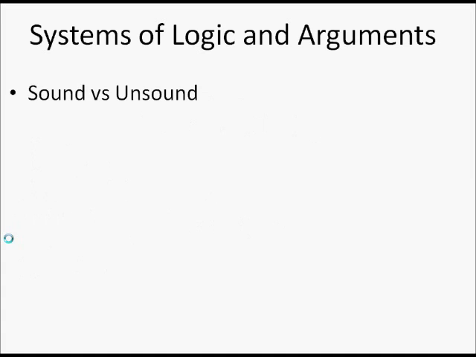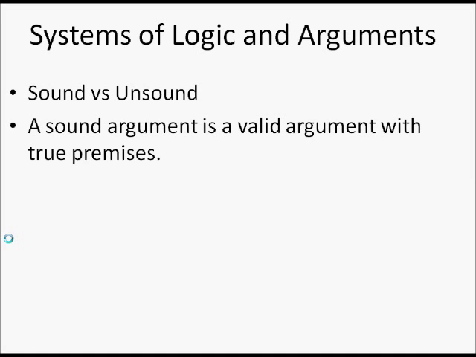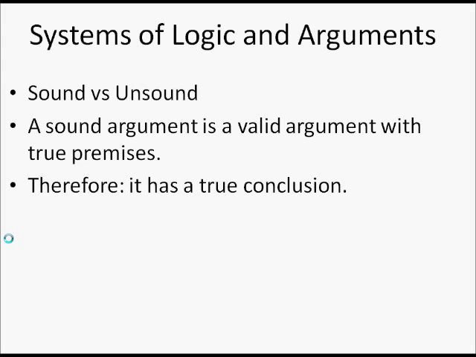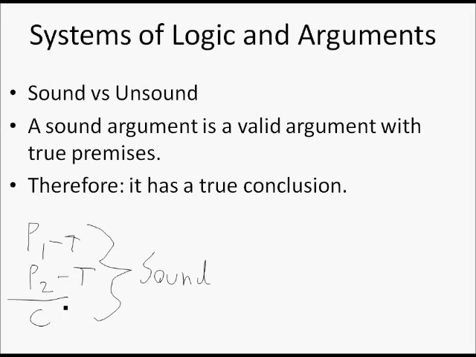And now we'll come to the final term we want to discuss, which is a sound or an unsound argument. A sound argument is an argument that is valid and it has true premises, which also means it has a true conclusion. And so our picture is like we got an argument sitting over here, two premises and a conclusion, and someone comes along and says, hey, this is a sound argument. We're like, alright, everything is true.